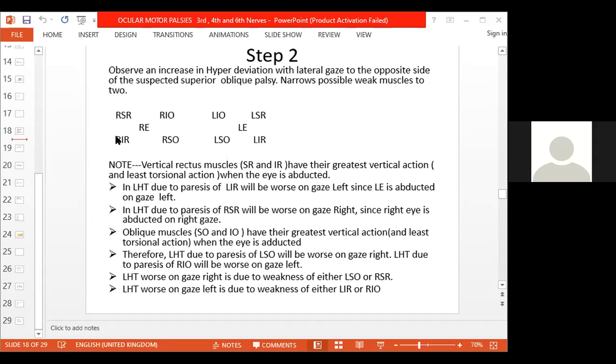So these two muscles, the recti here, in abduction, that's where they have greatest action. When you look the other side, it's these now. They're looking on the left side. So in the left hyperdeviation, the left eye is higher than the right. That's the meaning of left hyperdeviation, due to paresis of the right superior rectus.